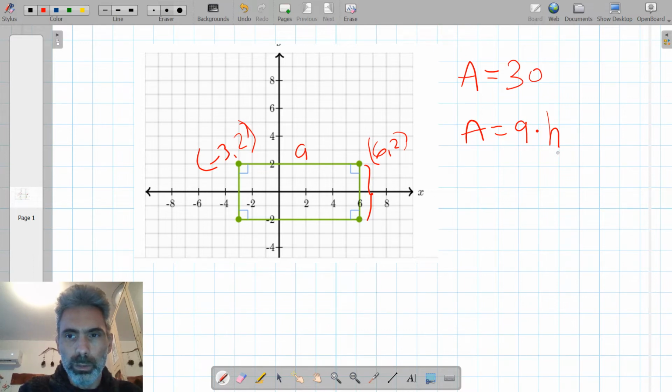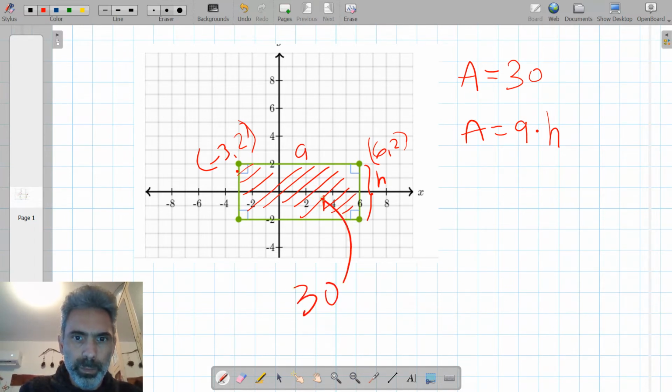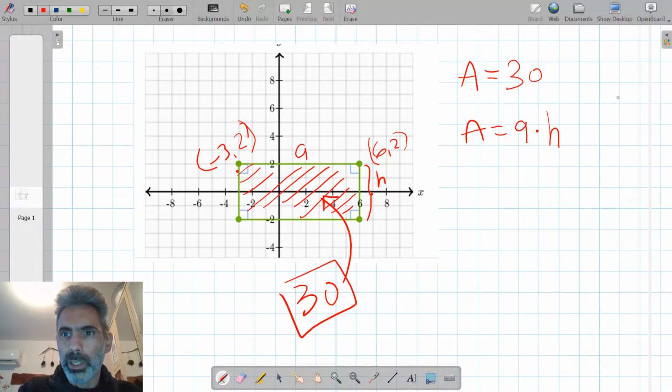We need to figure out what h is. Okay, so this is the height, and the entire area of this rectangle is 30. So 9 times h gives us 30. So we need to isolate the h.